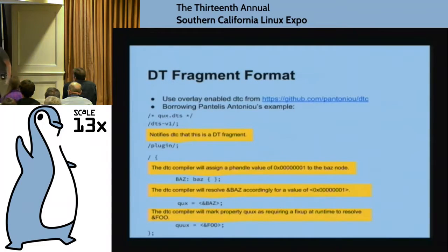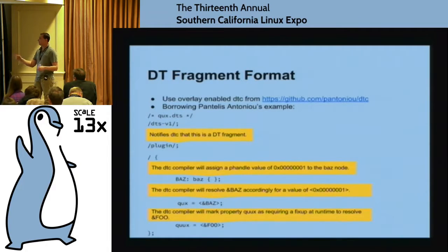And then for this guy, this qux, and this is an example he had, real simple to show the basics. If you're referencing this node, this is a phandle referencing a local node, it can resolve it. So it will assign 1 in there. It was locally resolved. But it knows it's in fragment compiling mode because we told it plugin.